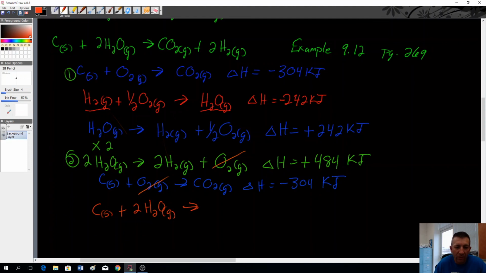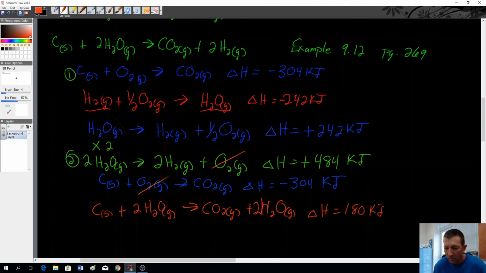And on the right side, this one wasn't canceled and that one wasn't canceled, so I've got CO2 gas plus 2 H2O gas. Now, I'm also going to add up my delta H. So my delta H equals 484 minus 304, which is 180 kilojoules.